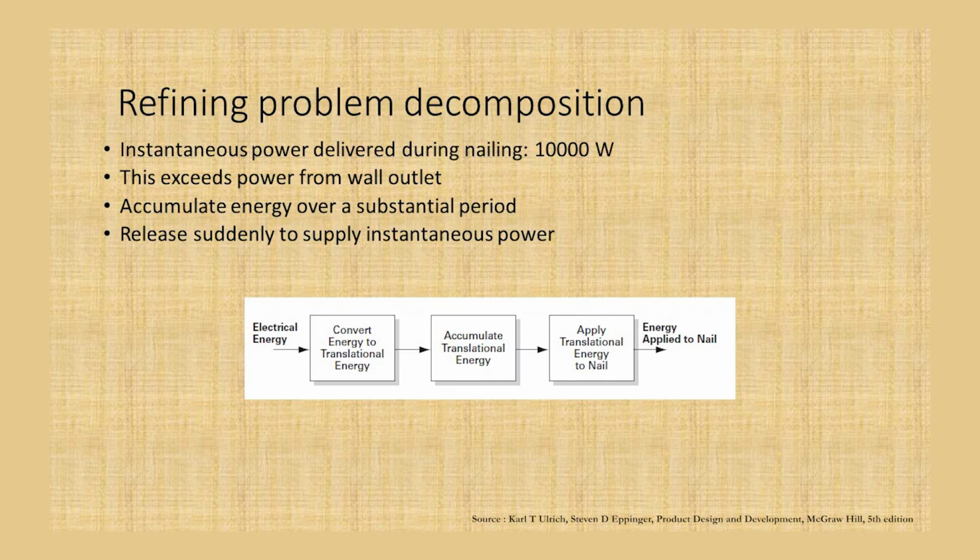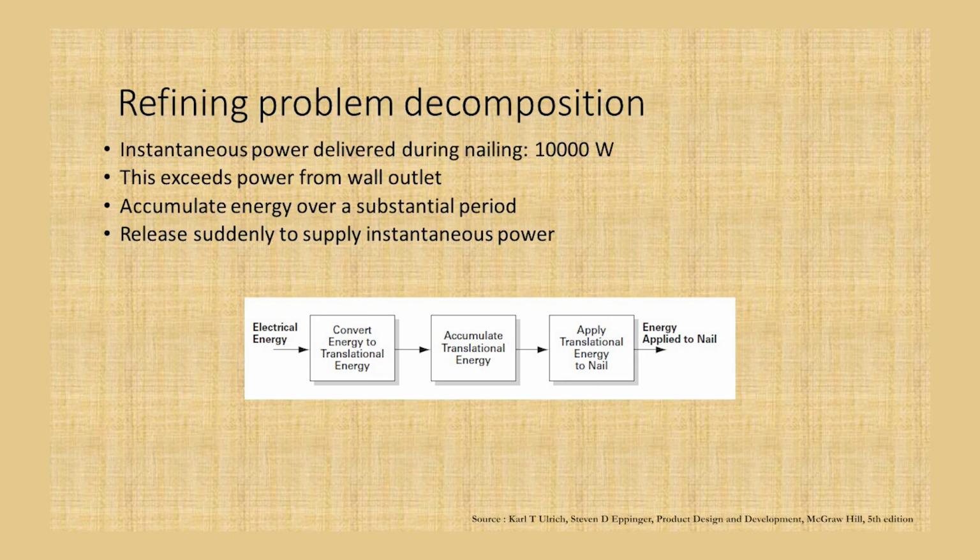So, release a lot of energy in a small time to supply the instantaneous power. 1,000 joules delivered in 0.1 second would give you 10,000 watts. So, release it suddenly to get the power that you need. Everyone understands?